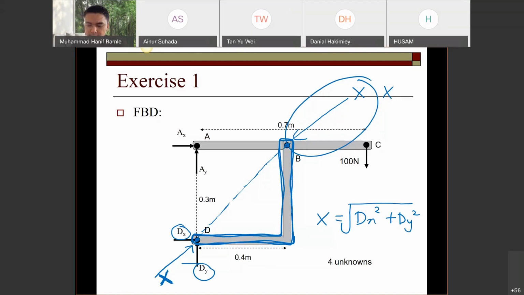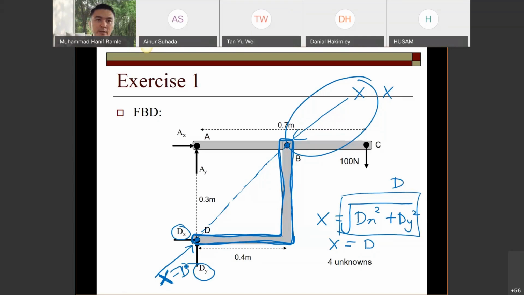So from this system, x is actually d, because this one is d. So I can replace x equal to d.